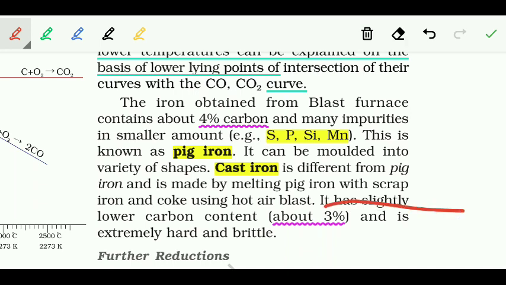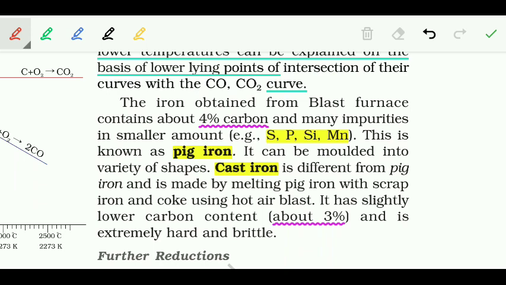We take scrap, we take coal, we take iron, and we just heat it to redness, in which the carbon content will lower, and we get 3% carbon content along with the metal itself.